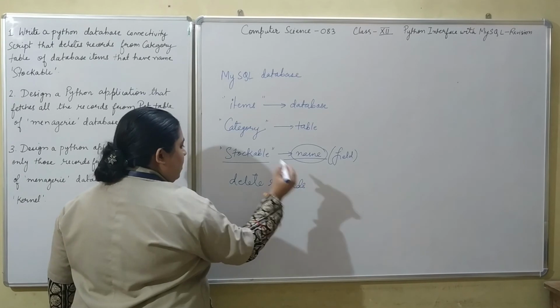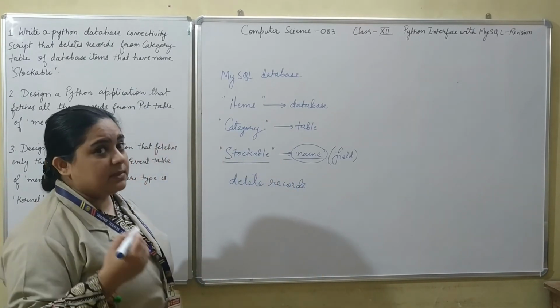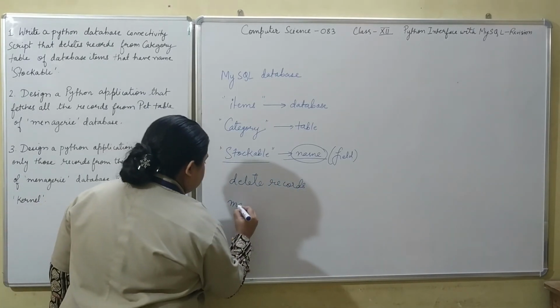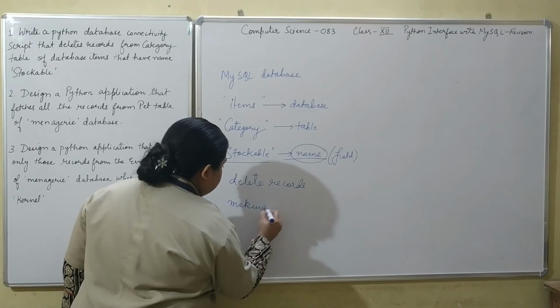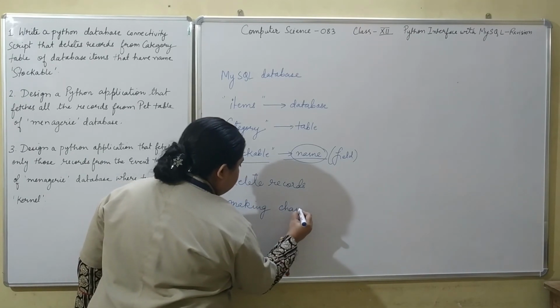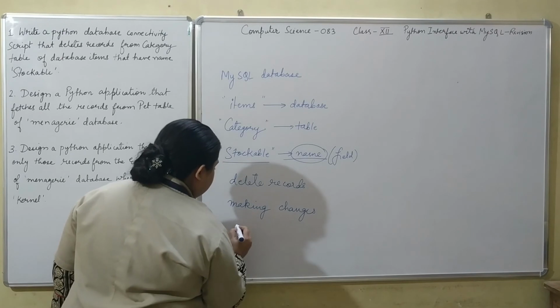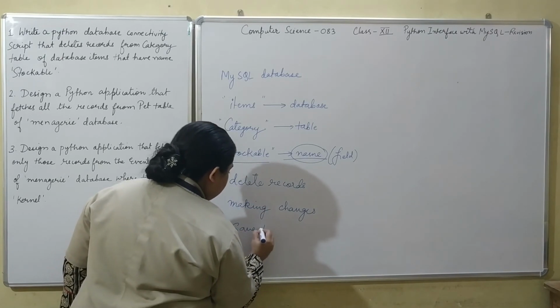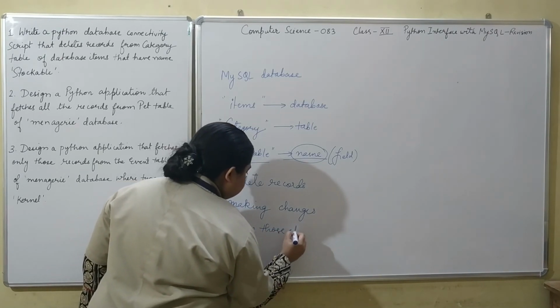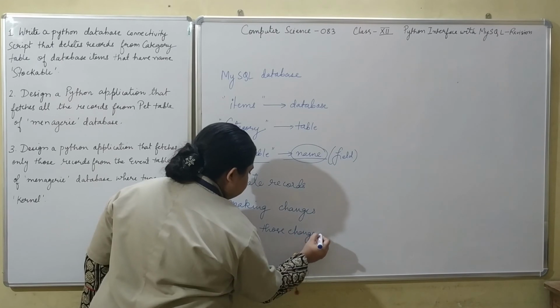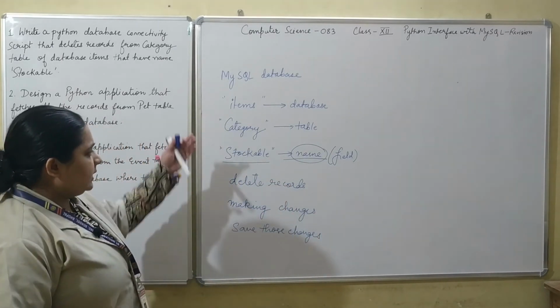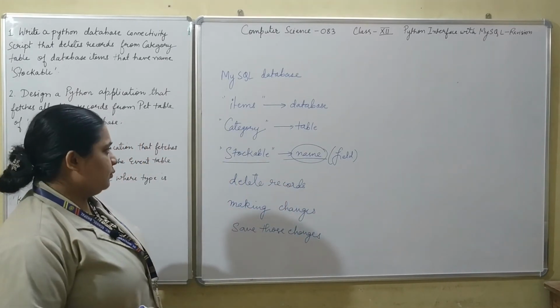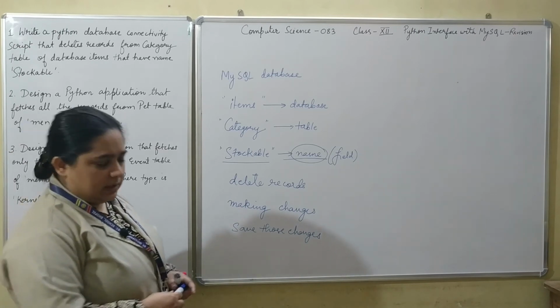Now deleting records means I am making some changes in my database. Hence at the end I need to save those changes. All these things we need to do. So now let us start with our question.